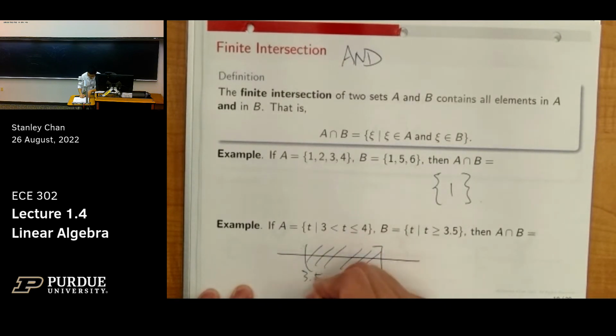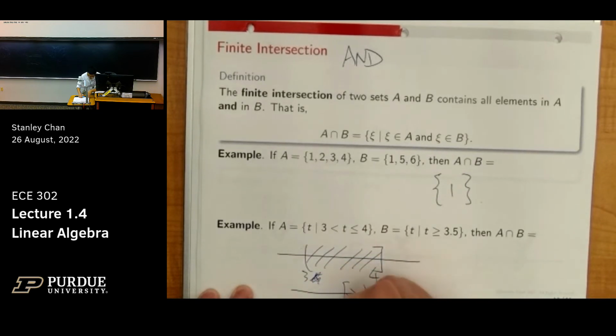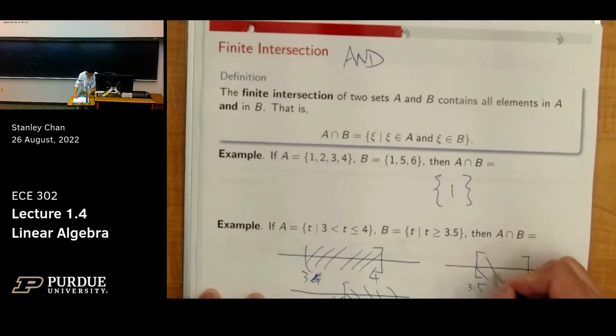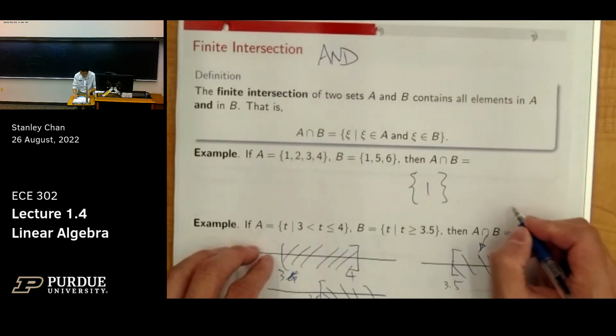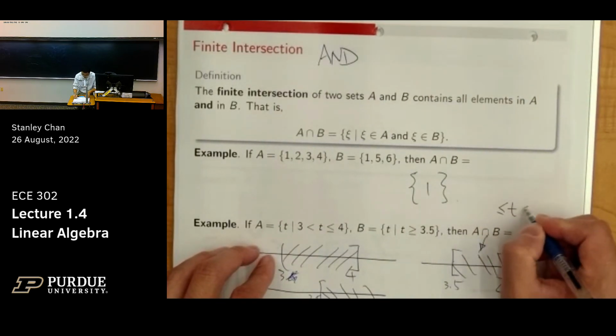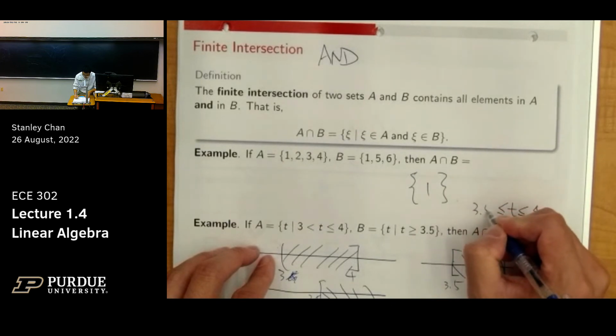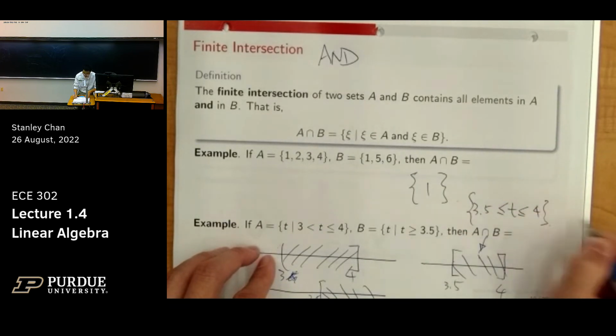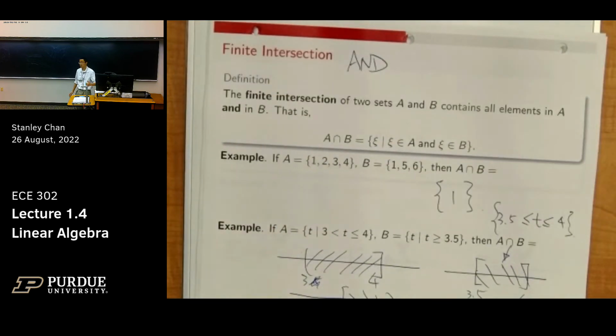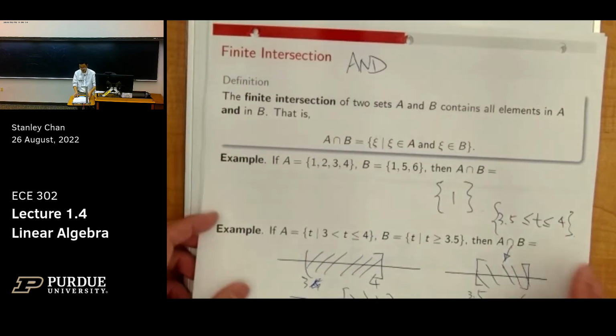This is 3.5, 3 and 4, and the intersection will be anything that starts at 3.5 and ends at 4. If I write it out, it will be t from 3.5 to 4, including 3.5 and 4. That's the intersection, so this is pretty easy.